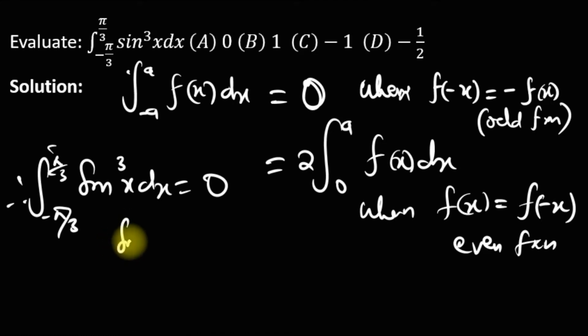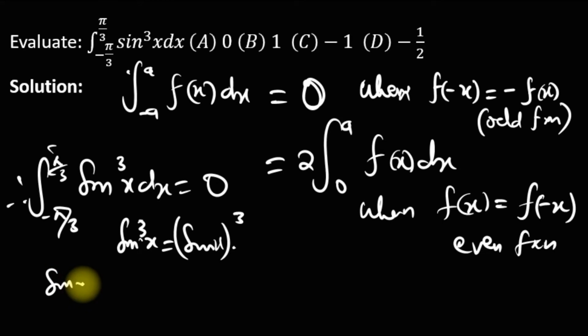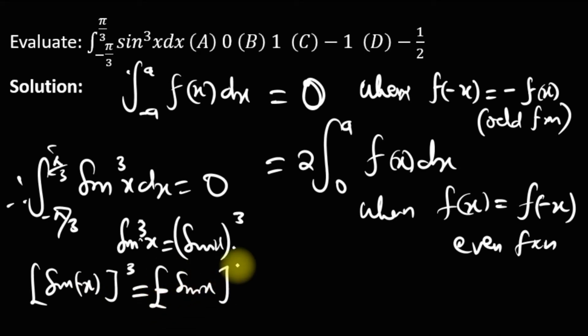Check it now. Sine raised to power 3 means sine x cubed, and if you substitute, our f(x) is sine x raised to power 3. If you substitute negative x, it will be the same thing as minus sine x raised to power 3. So what do you notice?